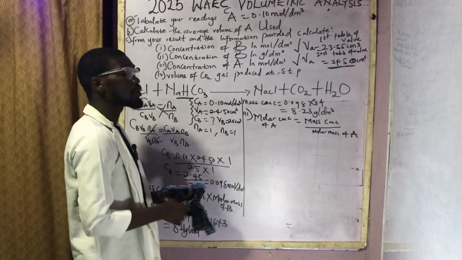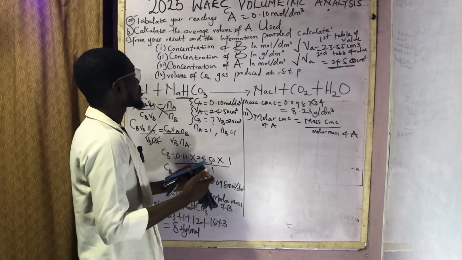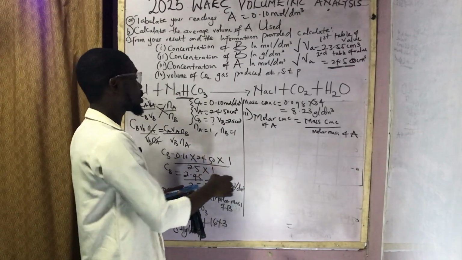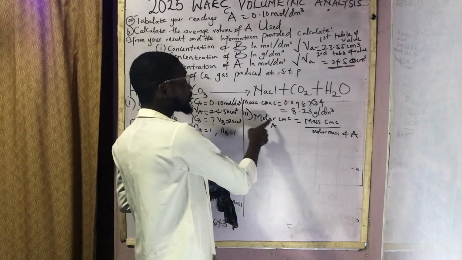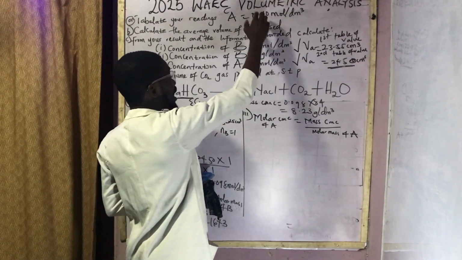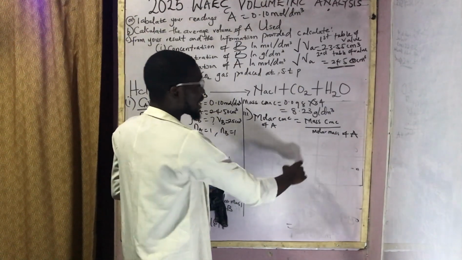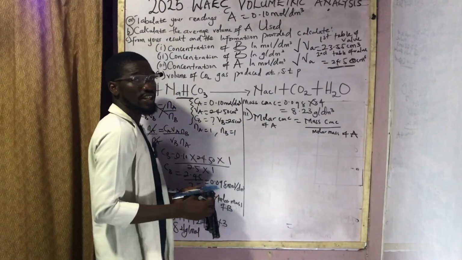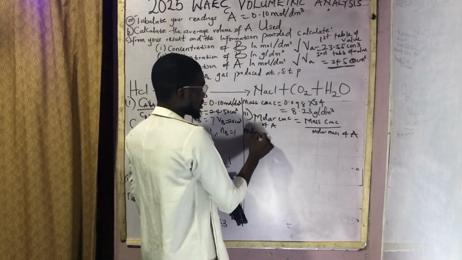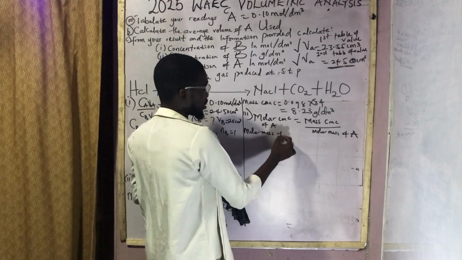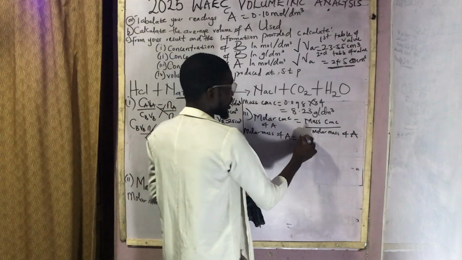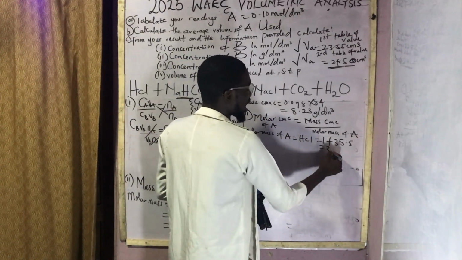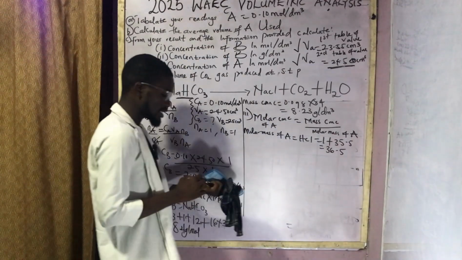So looking at what we have on the board now, you don't have to stress yourself much. With what we have on the board, our molar concentration of A is 0.10, and the molar mass of A, which is HCl, as I've said earlier, is 1 plus 35.5, which is 36.5.